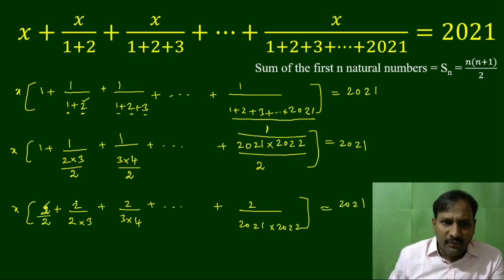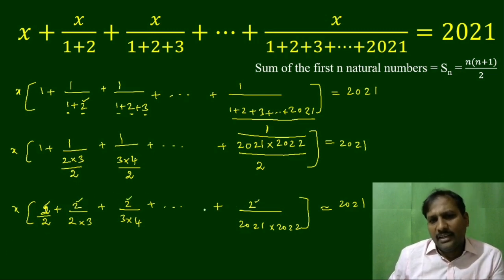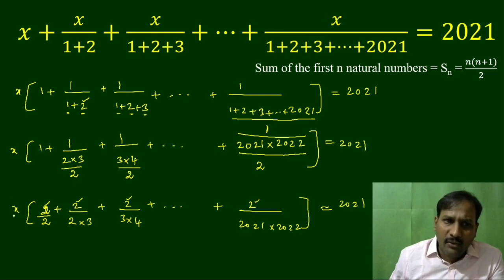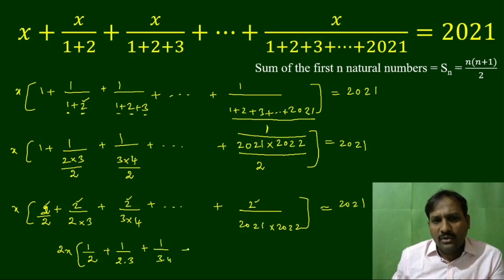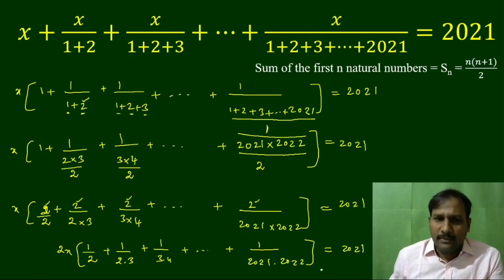Now, in every numerator, 2 is common. So let us take 2 out. Already we have x outside of this, so it will become 2x. So 2x into 1 by 2 plus 1 by 2 into 3 plus 1 by 3 into 4 plus so on up to 1 by 2021 into 2022 is equal to 2021.